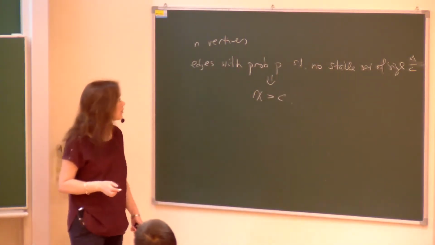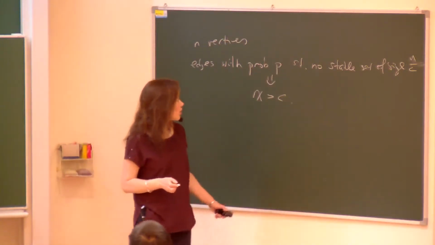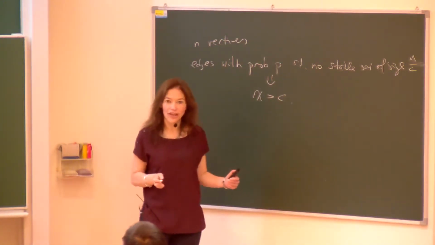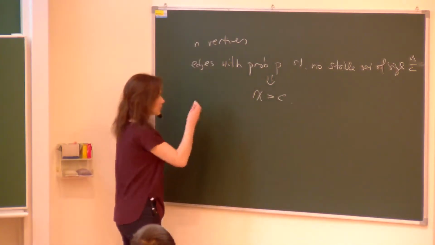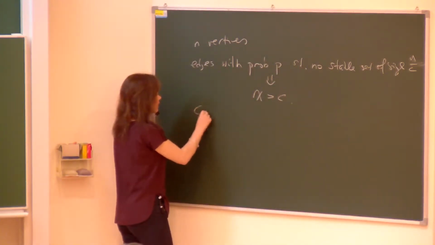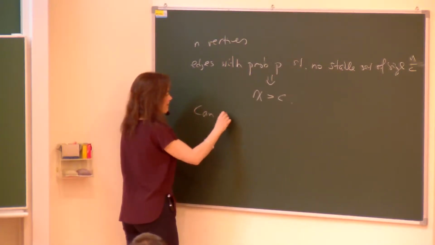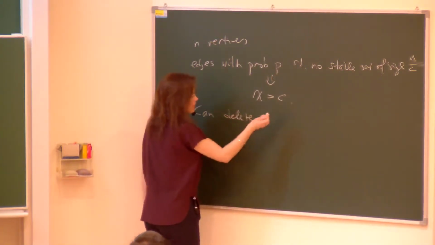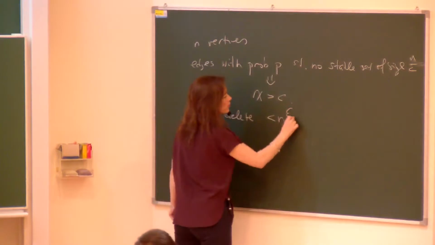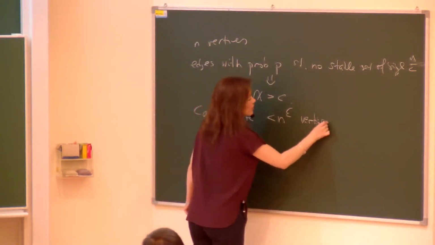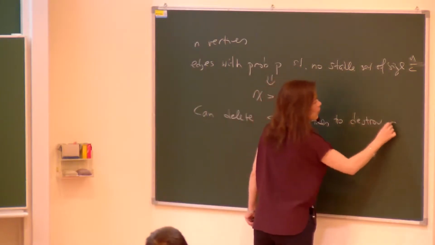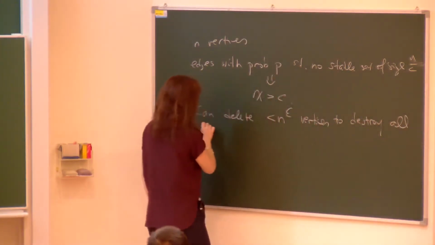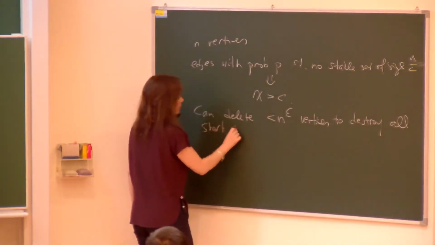But then you prove a theorem that you can hit all cycles with not too many vertices, again, probabilistically. So delete at most n to the epsilon vertices to destroy all short cycles.